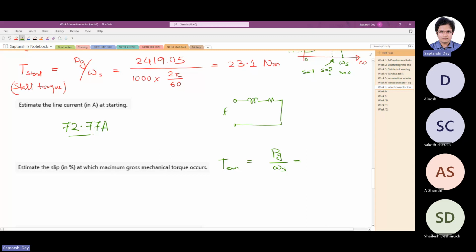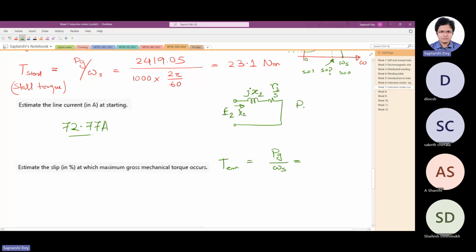This is how we can draw the rotor circuit where the frequency is constant. X2 here, R2 by S. So the current that flows is I2.